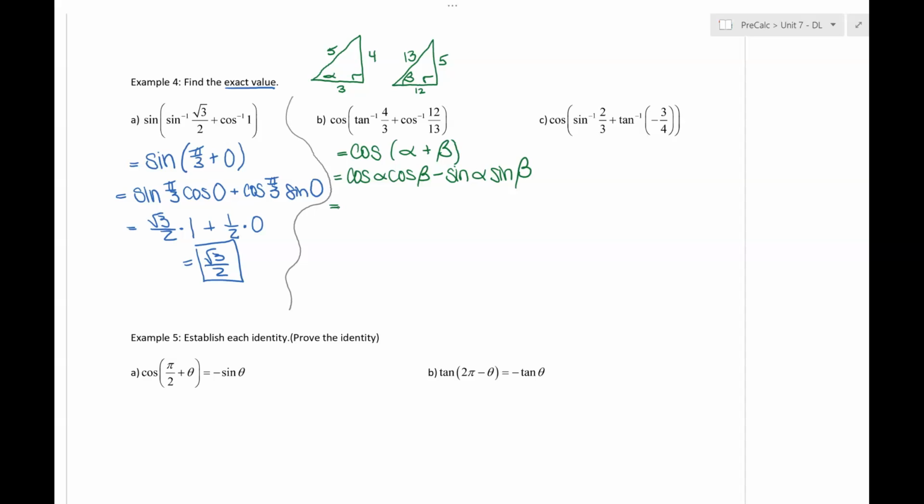The cosine of alpha is, if I look at alpha, 3 over 5, times the cosine of beta, which is 12 over 13, minus sine of alpha, which is 4 over 5, times sine of beta, which is 5 over 13. And then multiply across. So we get 36 over 65 minus 20 over 65. If we subtract, we're getting 16 over 65, and we'll leave it as that.